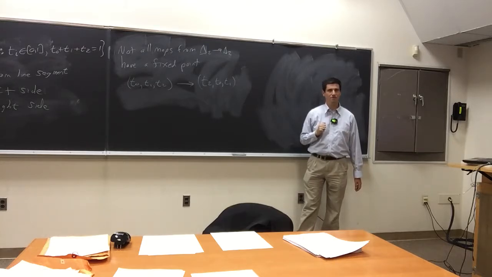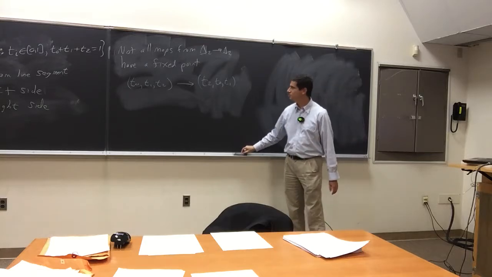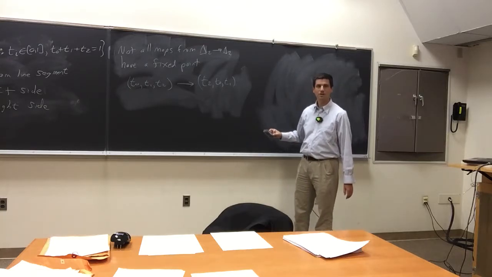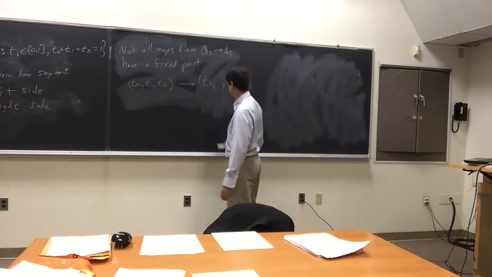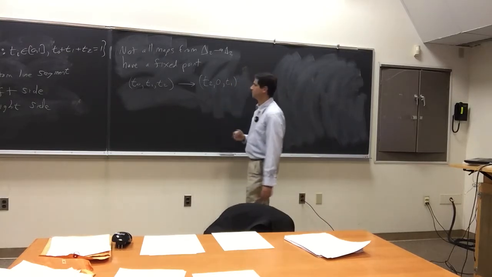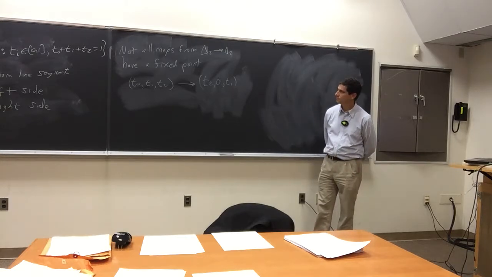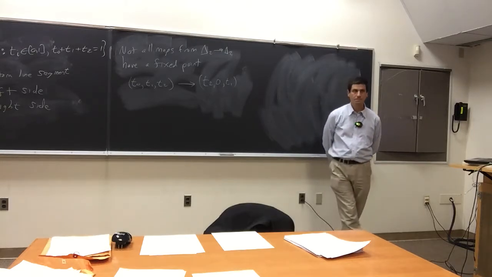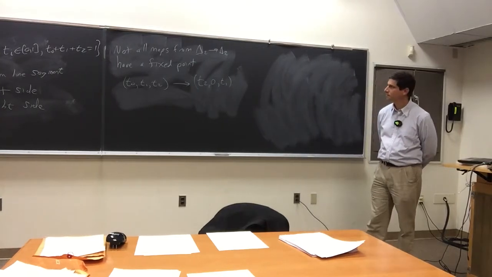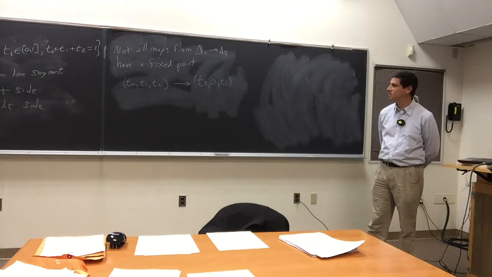Maybe just change one goes to 0. What do you want me to change? Just any of the ones in the second one to 0. Okay, so change this to 0. And 0, 0, 0 is mapped to itself, but is 0, 0, 0 in the set?